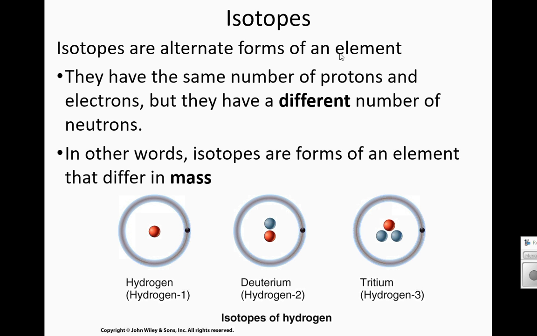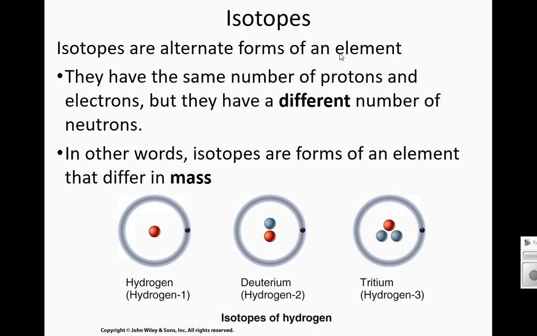Before we talk about changing charges, let's talk about isotopes. We can describe isotopes as just alternate forms of an element, meaning that there are sometimes multiple forms of the same element on Earth.